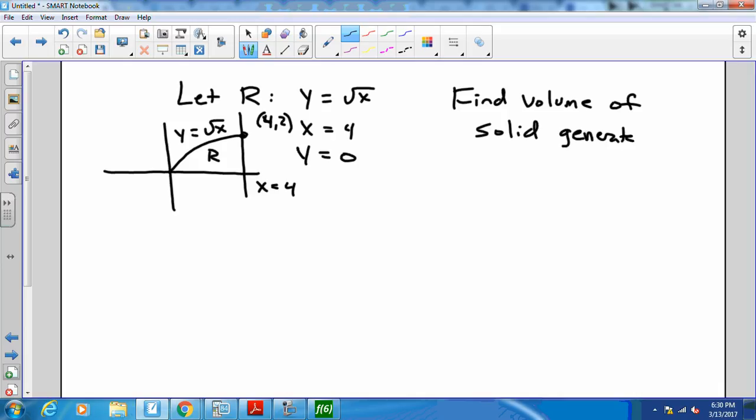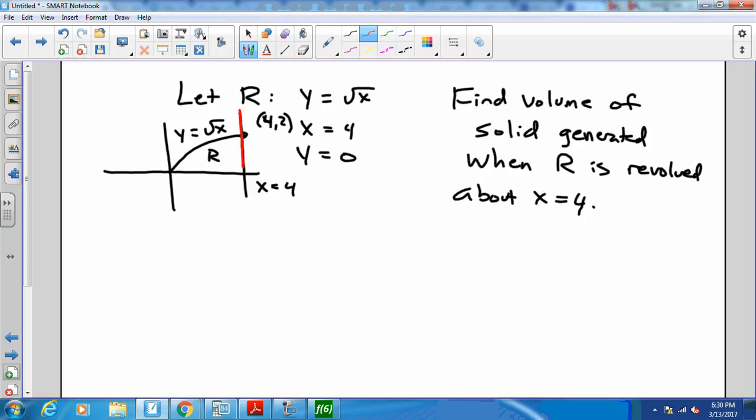And now, here's my region R. Let's find the volume of the solid generated when R is revolved about the line x equals 4.